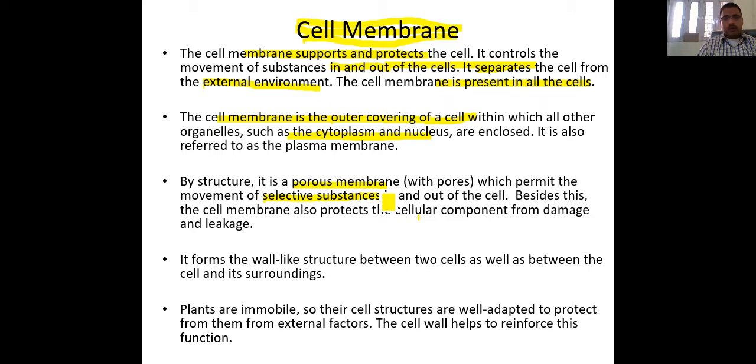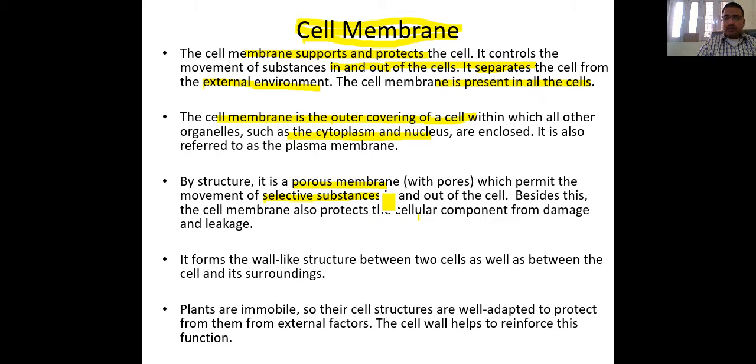That's why it is called selective. Not all substances get inside the body, and not all substances inside the body go outside. The necessary things are kept inside and other things go outside through different kinds of processes.